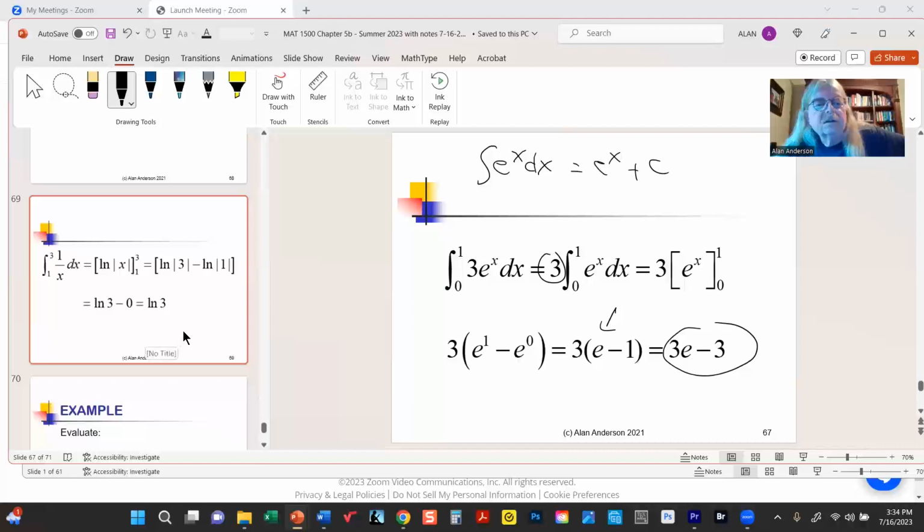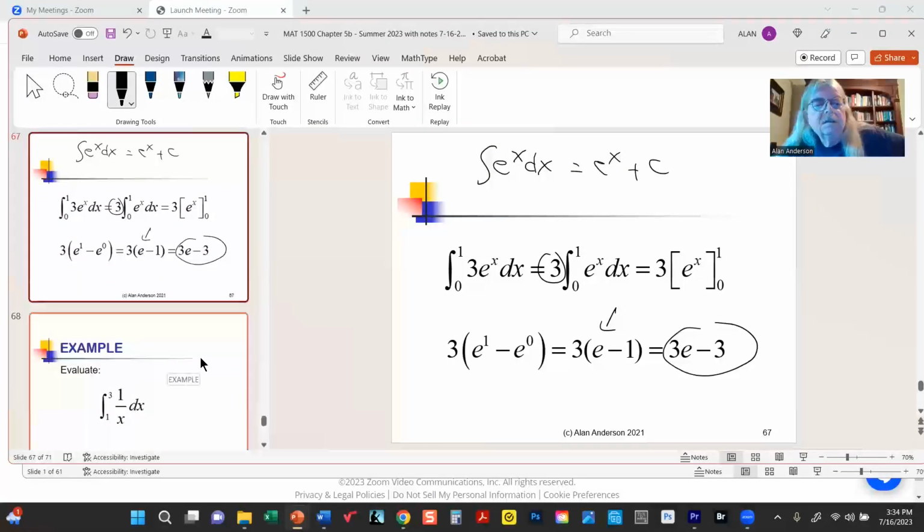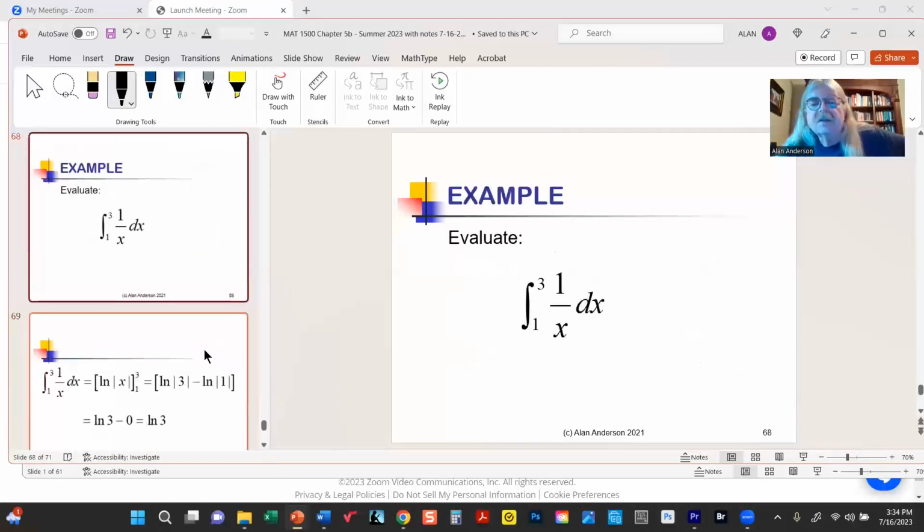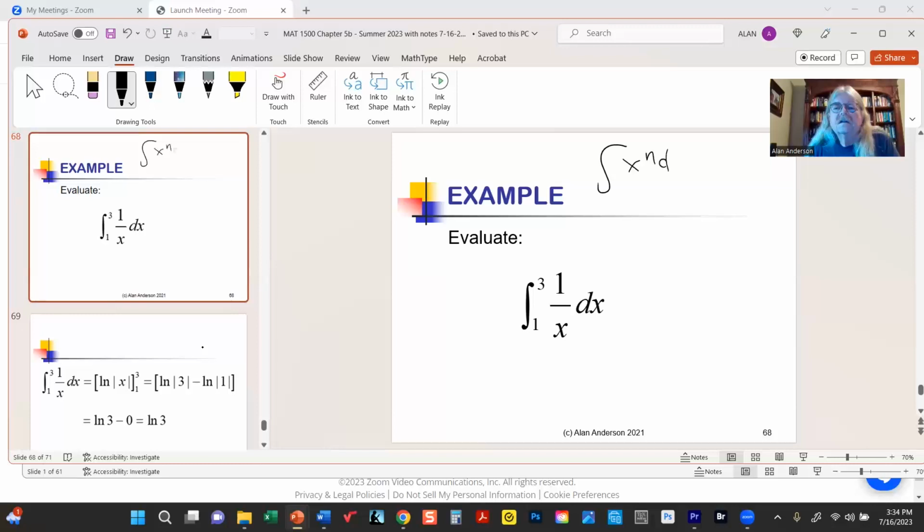Now, here's an interesting one, because this is the exception to the power rule. Remember the way the power rule works with integrals, for n not equal to -1.